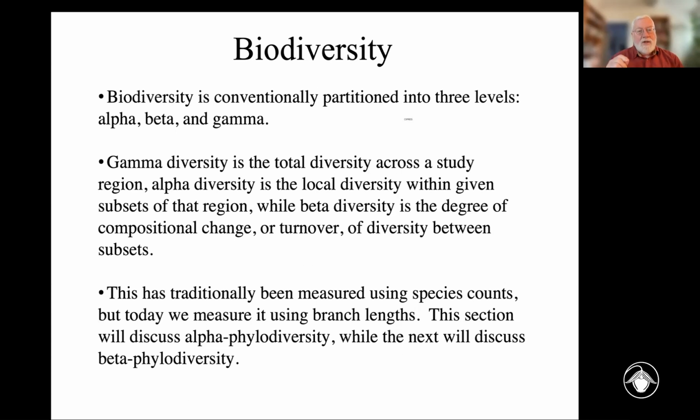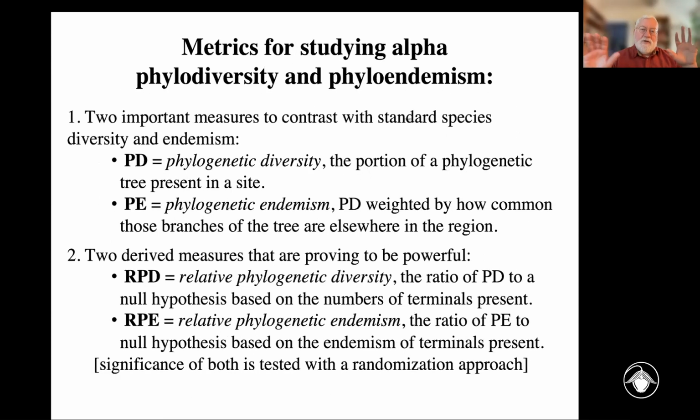And now what our particular problem is, and we're going to look at alpha diversity of a place like one grid cell, is we're asking how much of that total gamma diversity is in that place. So the whole phylogenetic tree is 100%, and I'm going to look at what percent of the tree is in each place. So it's very important to keep this global local distinction in your mind.